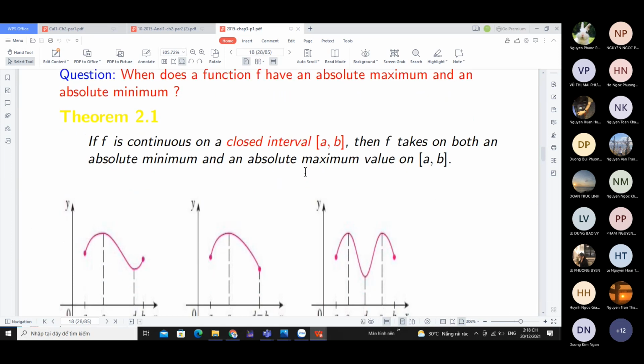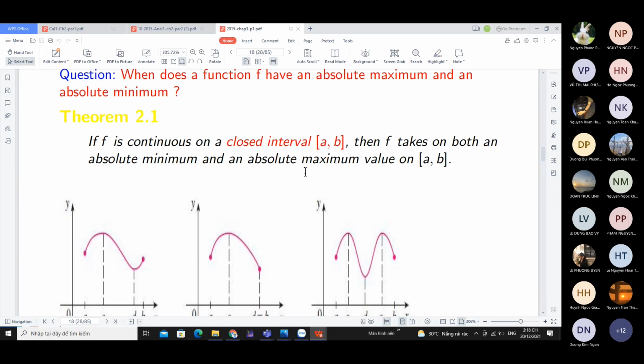You remember this theorem? You learned it in the previous chapter. If the function f is continuous on a closed interval AB, then f attains the maximum value and minimum value on the interval AB. It means that f takes on both an absolute minimum and an absolute maximum value on the closed interval AB. It's quite easy to understand.